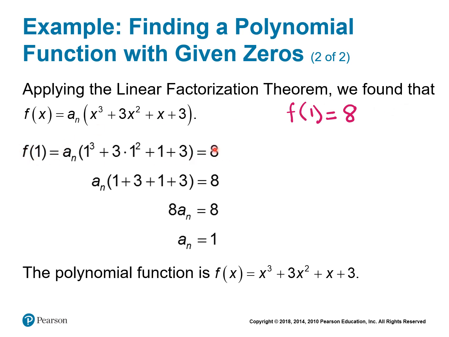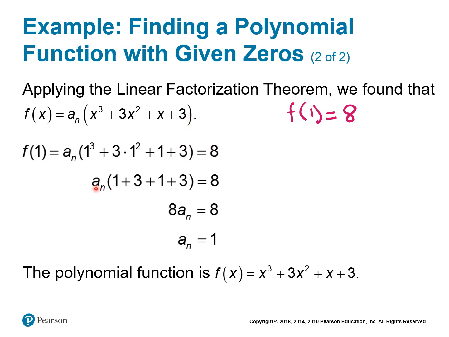So that's what they've done here. F of 1 is equal to a sub n, and they have replaced all the x values by 1. So we have a sub n times 1 cubed plus 3 times 1 squared plus 1 plus 3 equals 8.